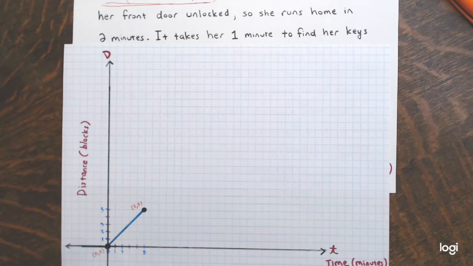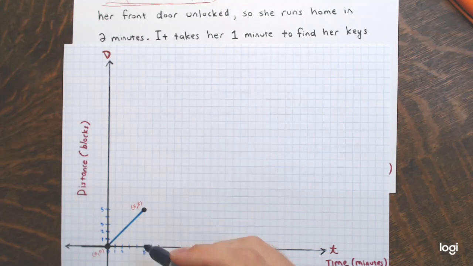She's like, oh, left my keys at home. Left my door unlocked. So in 2 minutes, so 6 minutes, 7 minutes, right? So we're at the 7 minute mark. In those 2 minutes, she runs home. So that means she's back home, meaning she's 0 blocks away from her house. She's at home.